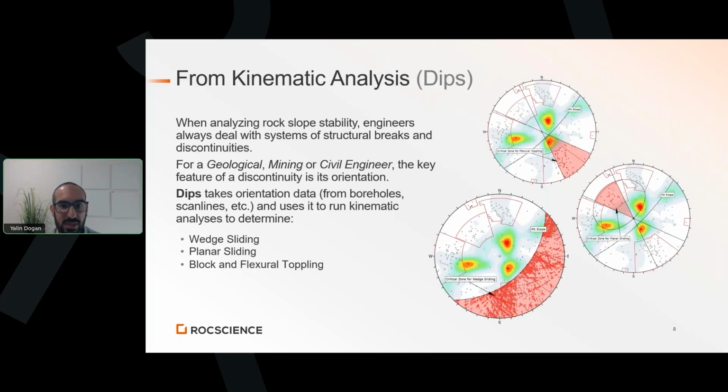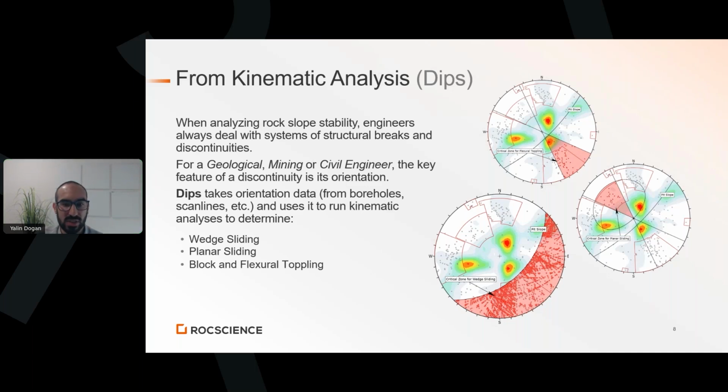All right, let's talk a little bit about Dips, because the way we picture the workflow for RocSlope2 actually starts in Dips, where as usual, you first have a series of joint measurements and run a quick kinematic analysis. When dealing with stability of rock slopes, structural discontinuities are our major influencing factor for how the slope fails.